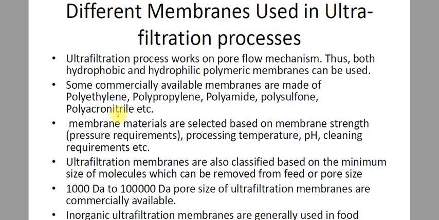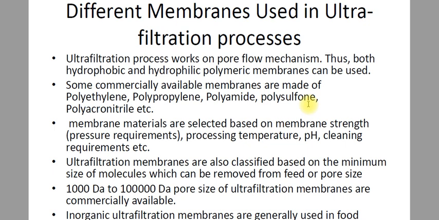It depends on the strength of material you require. If the cross membrane pressure is very high in the process, suppose you are working on a membrane based process at 60 bar or 80 bar pressure, then of course you have to go for a polysulfone membrane, because polysulfone has higher mechanical strength.